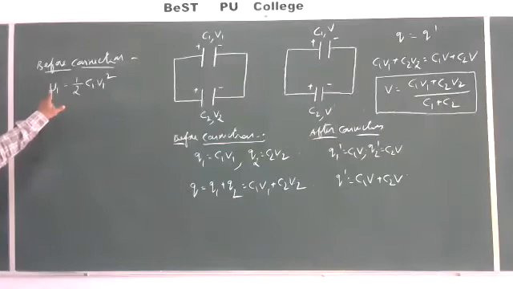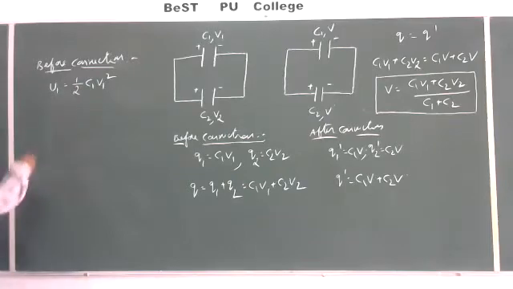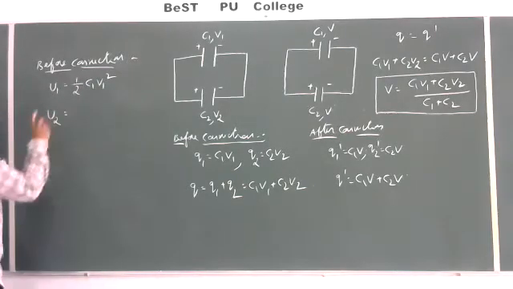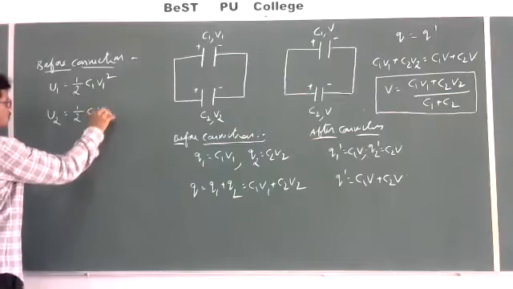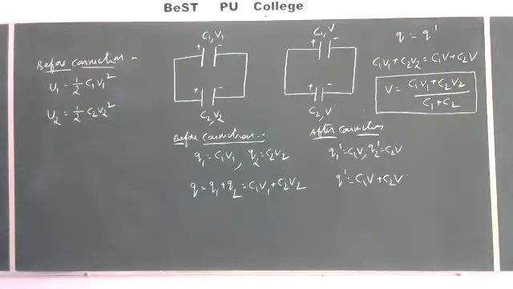This is the energy stored in the first capacitor before connection. The energy stored in the second capacitor before connection is half C2 V2 square.